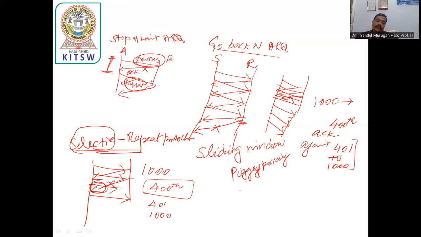So here data flows in both directions. Some frames will be there: frame 1, then it will send frame 2 plus the acknowledgement of frame 1. Whenever it sends an acknowledgement with frames, that is considered piggybacking.